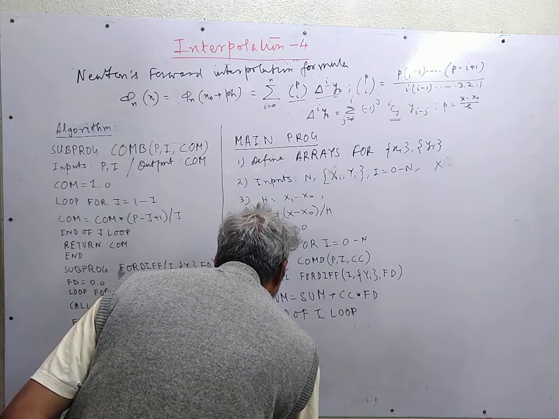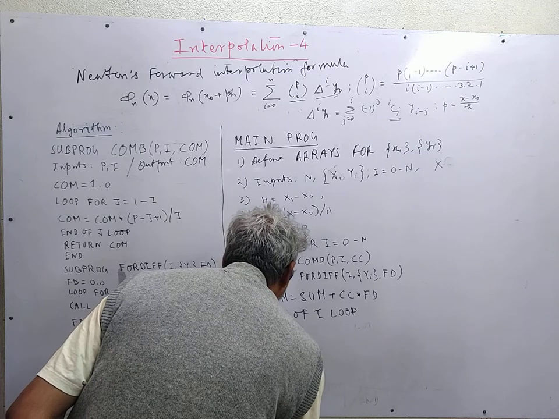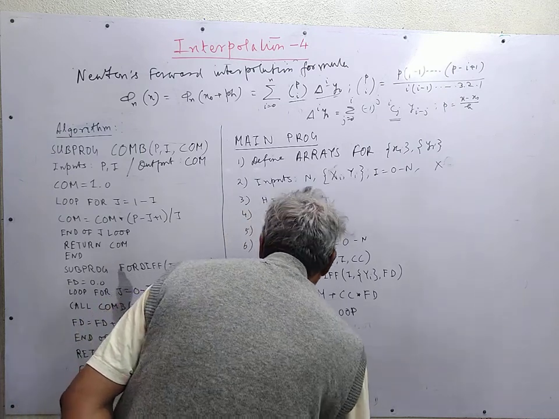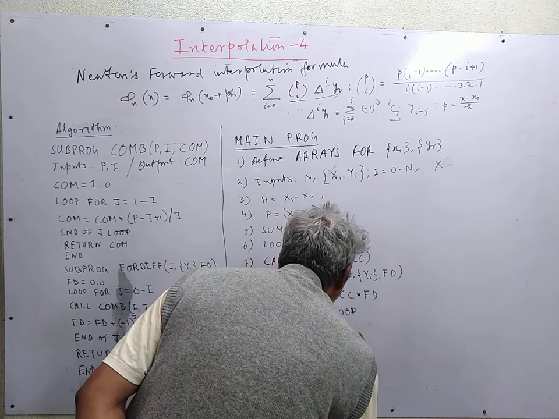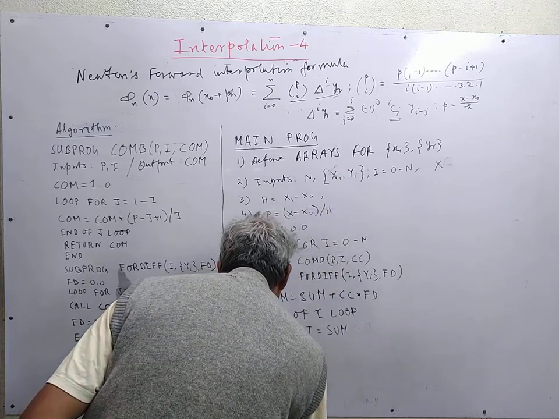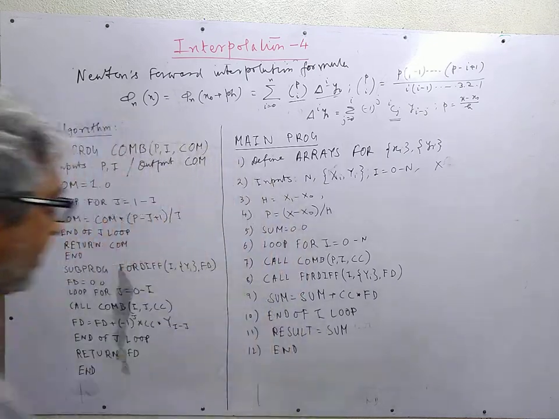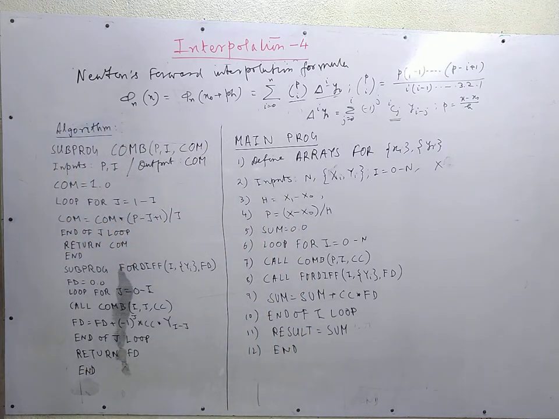Result is the sum. End of program. So this is the algorithm for implementing Newton's forward difference formula.